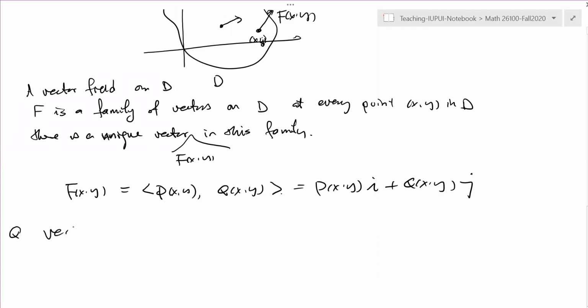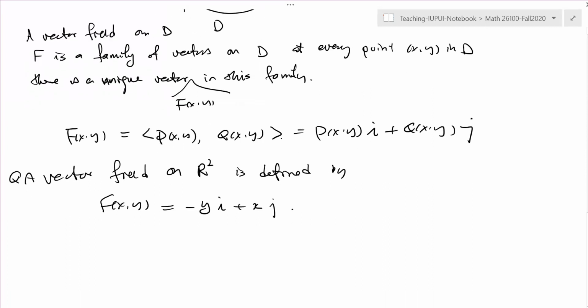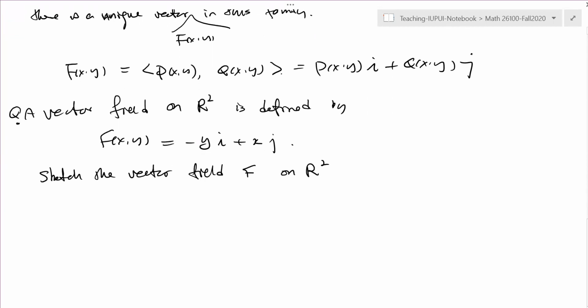A vector field on R2 is defined by this function: F = negative y i plus x j. Let's sketch the vector field F on R2.